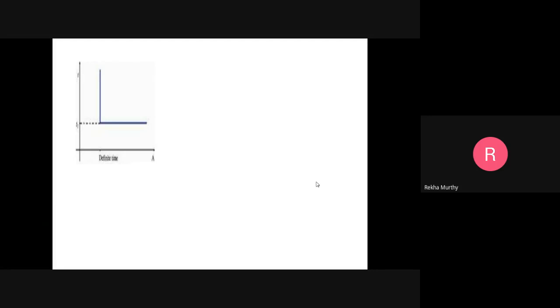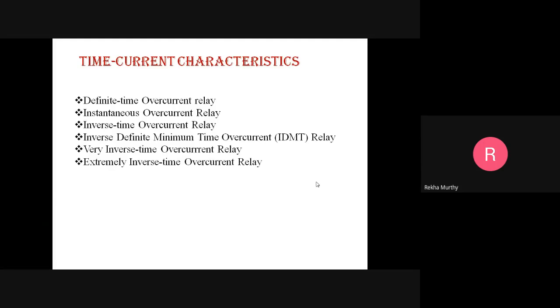Now the next one, as I told, the instantaneous overcurrent relay. This relay operates as soon as the current in the coil gets higher than the preset value. There is no intentional time delay set, so there is always an inherent time delay in the order of a few milliseconds.